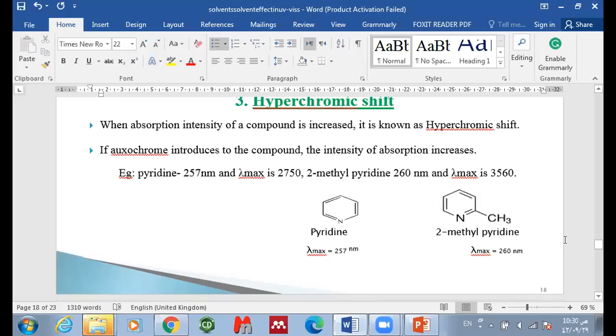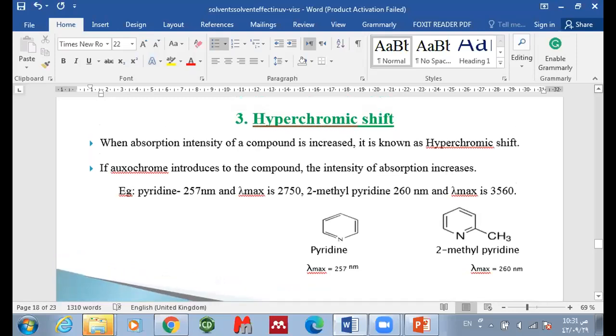Means higher intensity of the bond. So when the intensity of compounds is increased, it's known as hyperchromic shift.